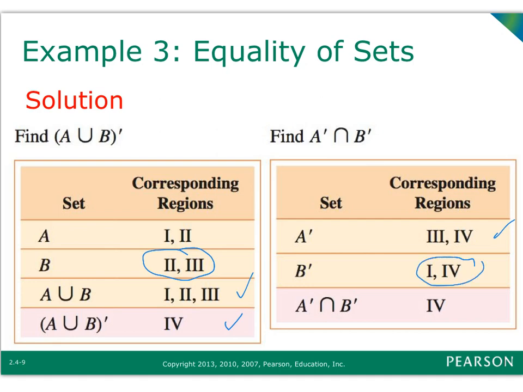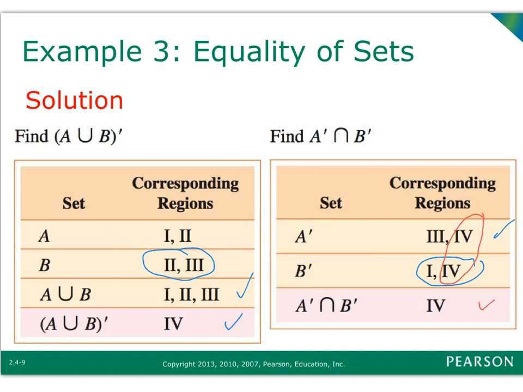So the intersection of A complement and B complement just happens to be the common elements in A complement and B complement, which is region 4.